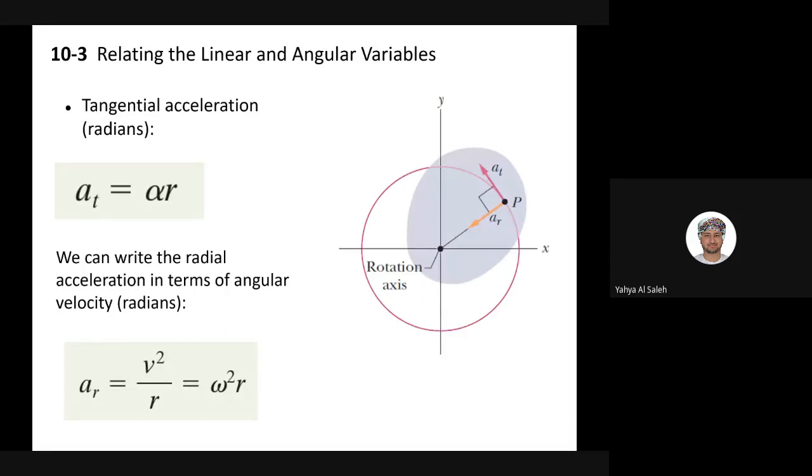Now, since we have already determined that v equals r omega, that means r squared omega squared over r, so it's omega squared r. So if we want the tangential acceleration, we multiply alpha by r. If we want the radial acceleration, we multiply omega squared by r.